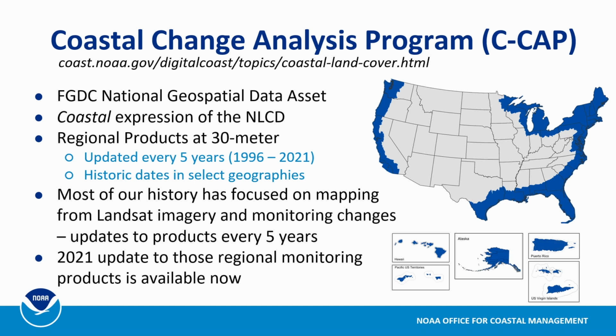That's the power of those products and many other types of mapping and analysis that are done on them. Most of the history, we focused on mapping from Landsat imagery and monitoring changes, so we update those products every 5 years. The 2021 update to those regional monitoring products is available now, so I'll be talking about those as well.